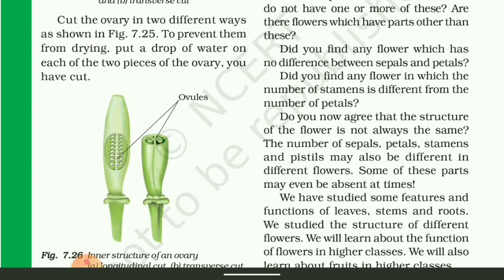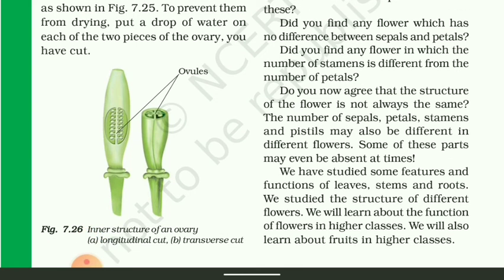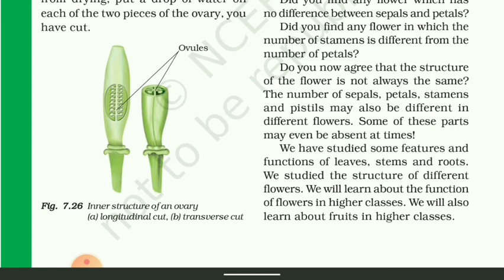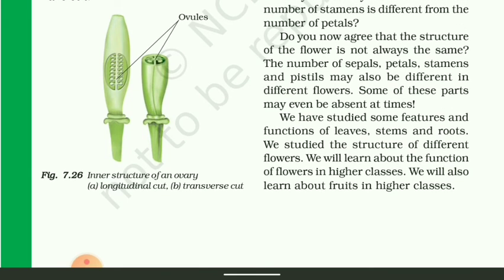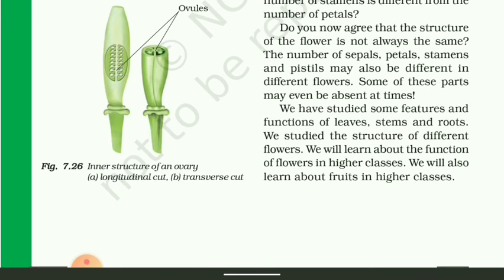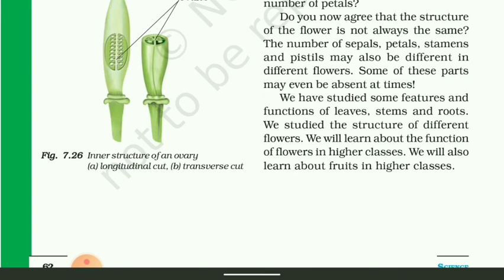Did you find any flower in which the number of stamens is different from the number of petals? Do you now agree that the structure of the flower is not always the same? The number of sepals, petals, stamens, and pistils may also be different in different flowers. Some of these parts may even be absent at times.